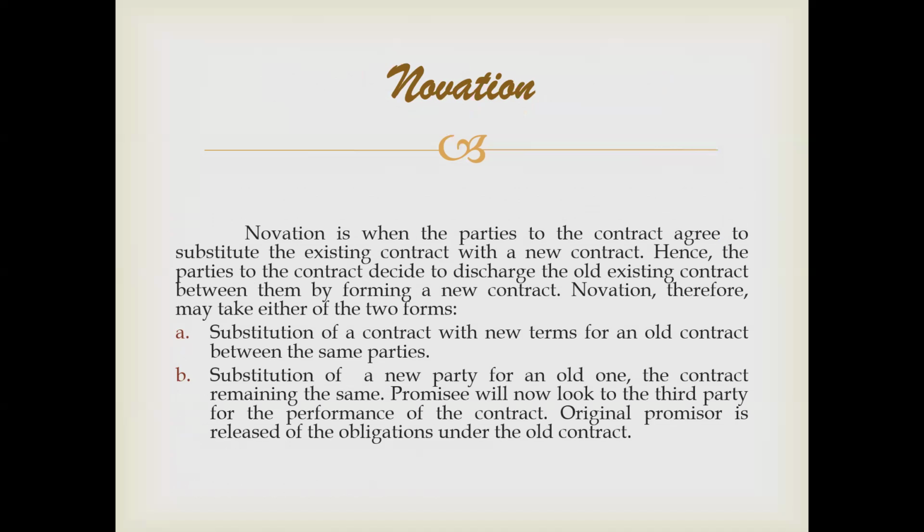Novation may take either of two forms: substitution of a contract with new terms for an old contract between the same parties. That means the parties remain the same, but the terms of the contract may change. Second, substitution of a new party for an old one, the contract remaining the same. The promisee will now look to the third party for the performance of the contract.